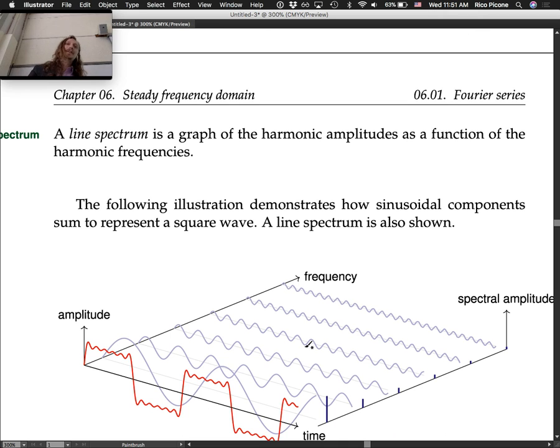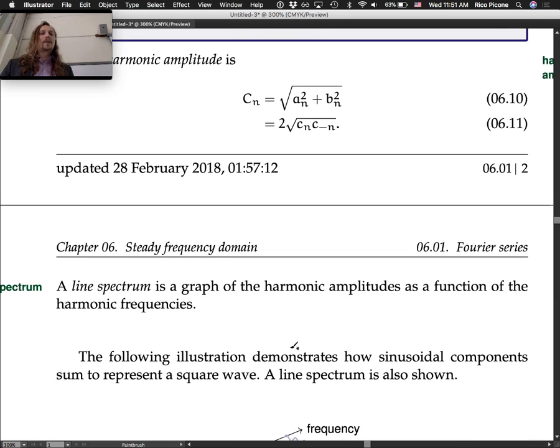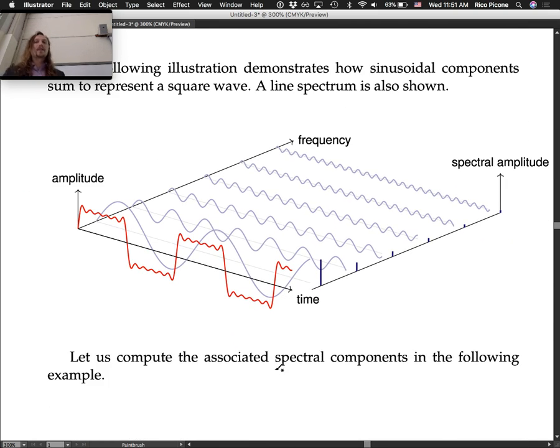A line spectrum is a graph of the harmonic amplitudes, which we just defined, as a function of the harmonic frequencies. The following illustration demonstrates how sinusoidal components sum to represent a square wave. So in time, we've got the square wave, and it's a little bit wiggly because we aren't taking all of the frequency components.